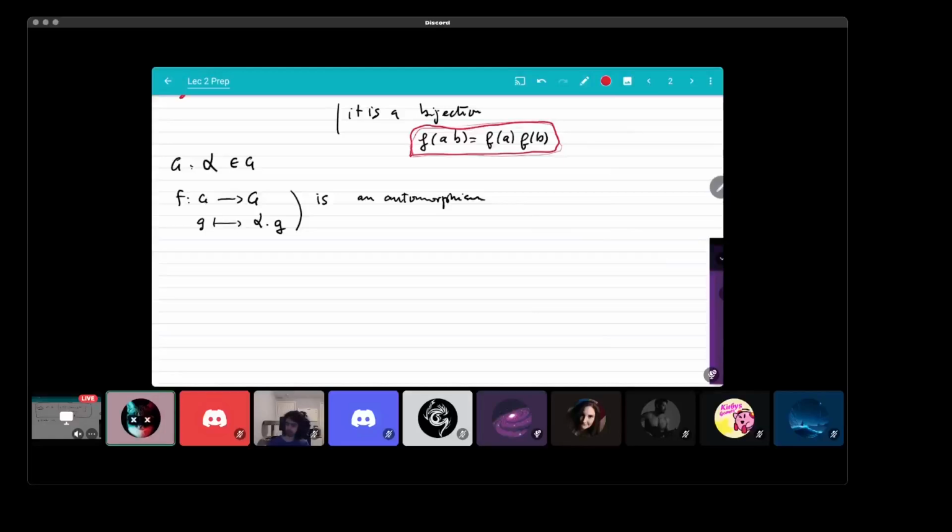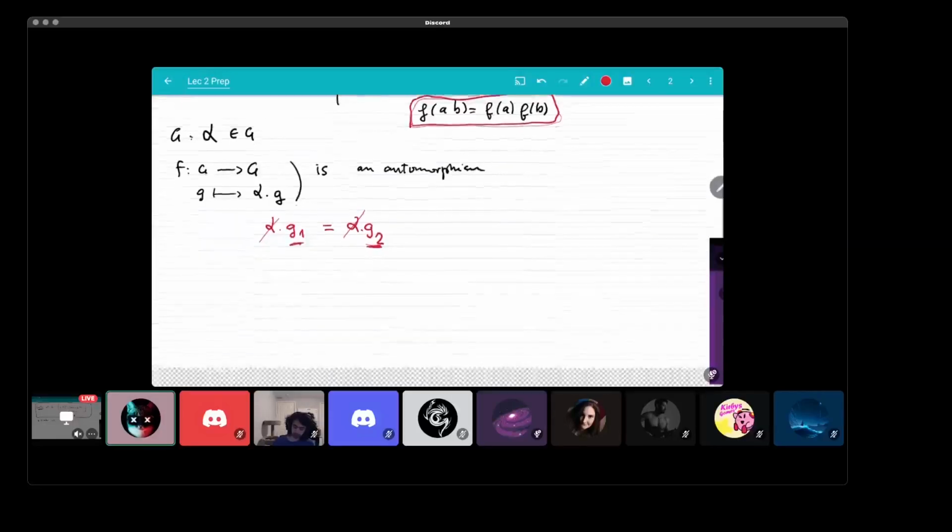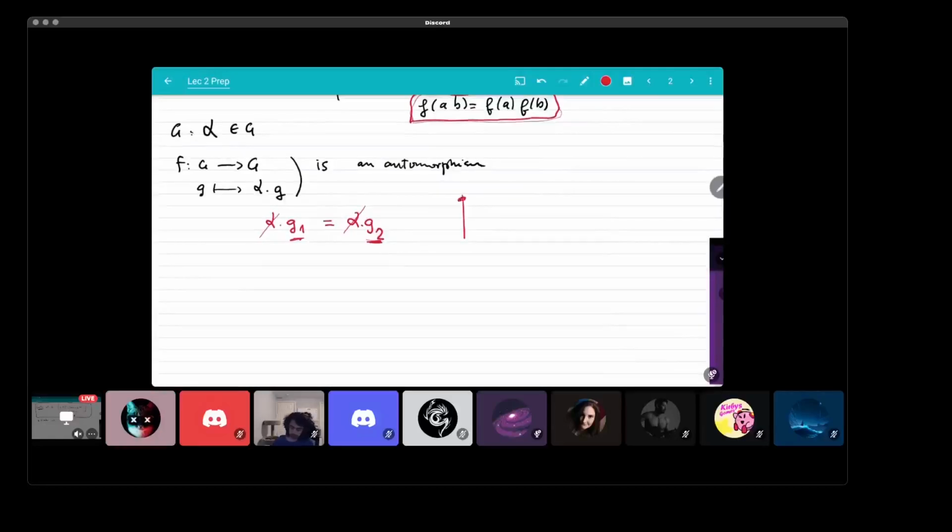As for it being a bijection, if two elements have the same image, by cancelling out the alphas, we get that they're equal. So it's injective. So distinct elements have distinct images.